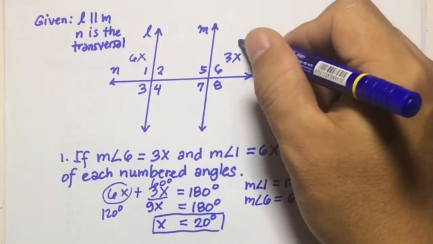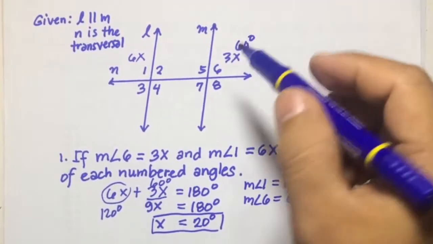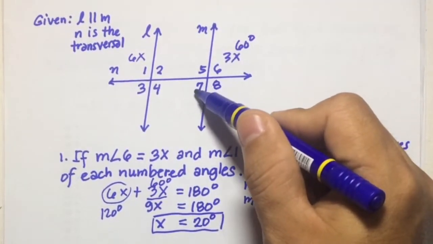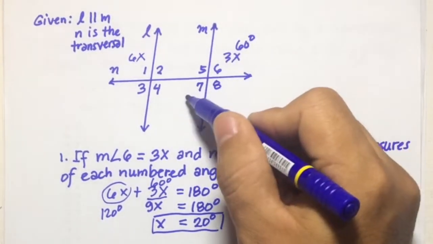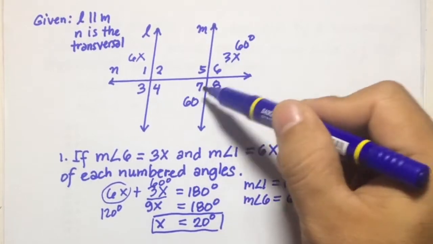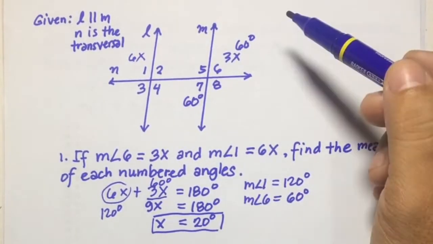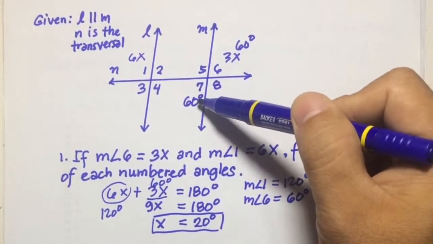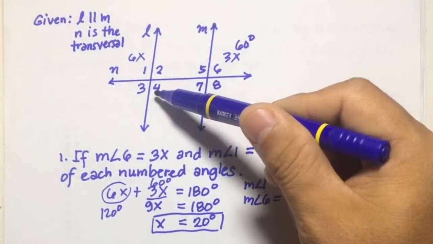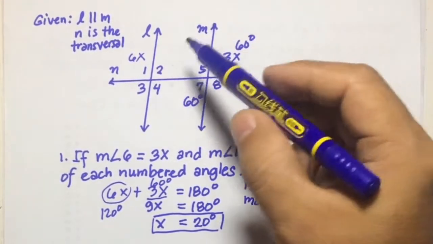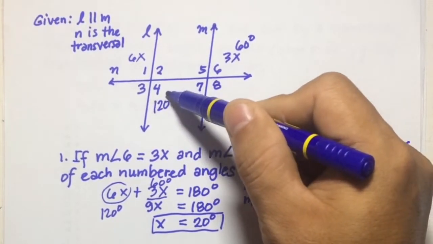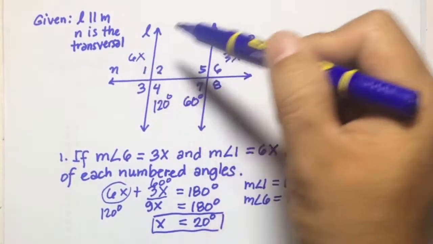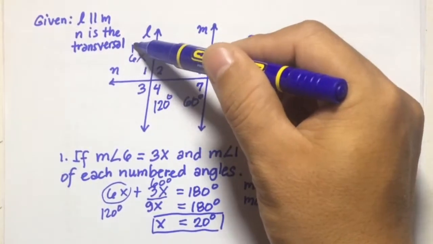If this is 60 here, and the vertical angle of angle 6 is angle 7, then angle 7 is also 60 degrees. So angle 4 will be equal to 120 degrees. Then angle 1 here is 120 degrees.